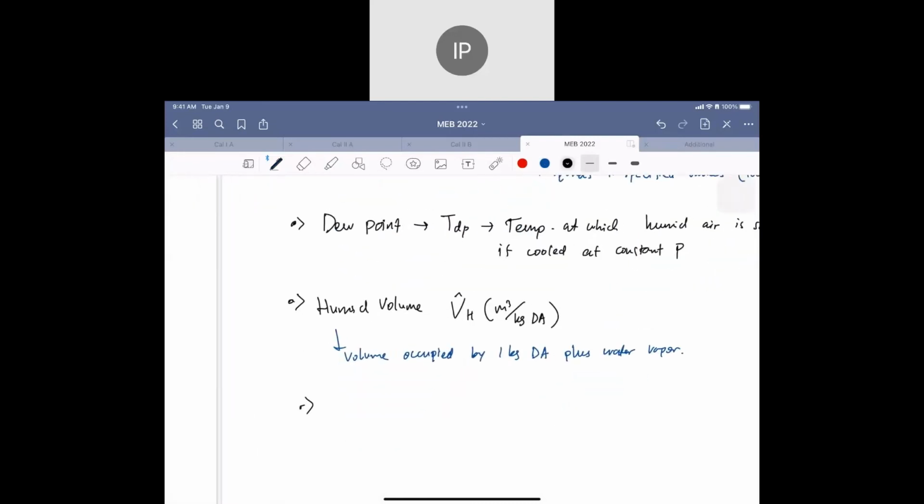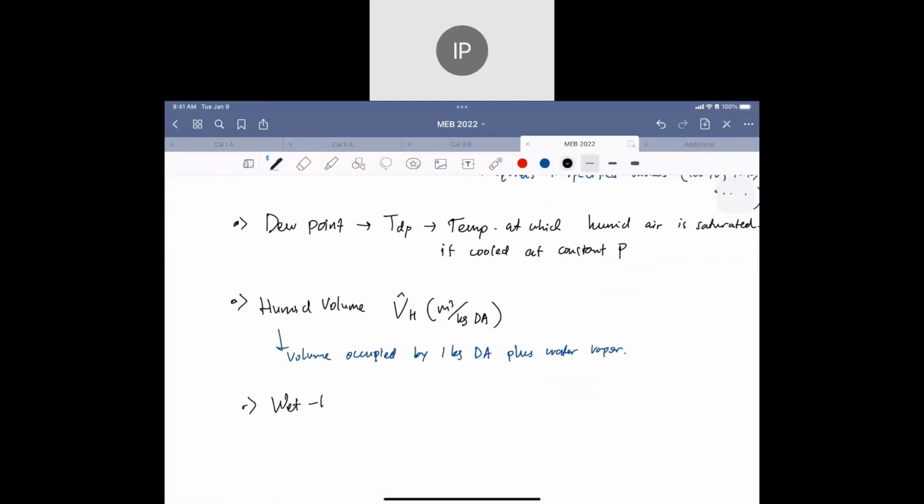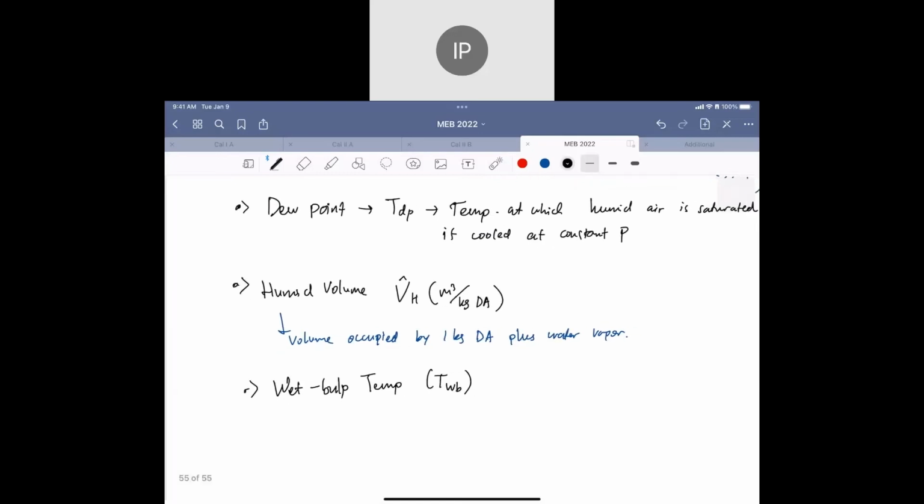And lastly, we have the wet bulb temperature, or TWB.